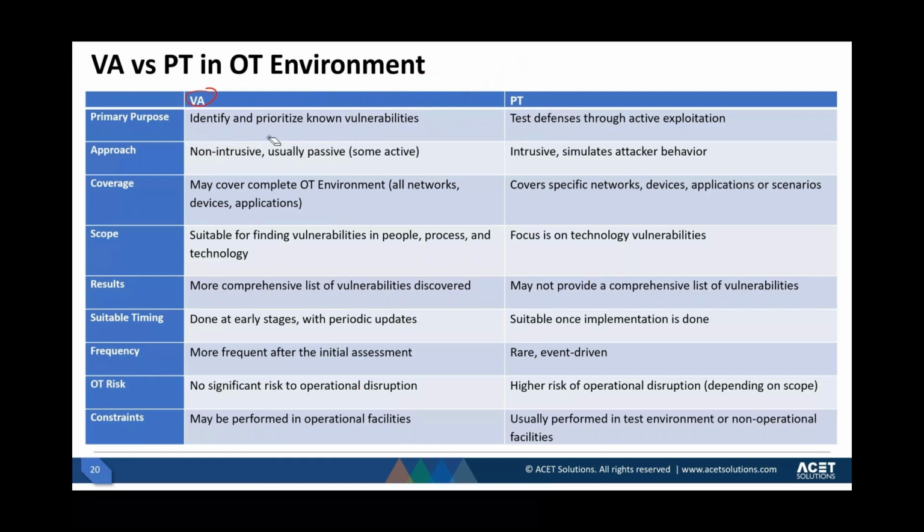VA is obviously non-intrusive. PT is intrusive, we already know that. Coverage: in my opinion, a very well-planned VA may cover the complete OT environment, just like we showed in the previous screen. All the networks, all the devices, all the applications, including the ones that are offline, that are disconnected.